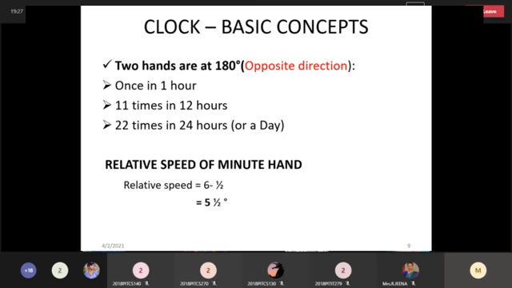So next we are going to see the relative speed of the minute hand. So relative speed is equal to 6 minus half, which is 5.5 degree. So we have to calculate the relative speed of the minute hand, that is 6 minus half is equal to 5.5 degree.